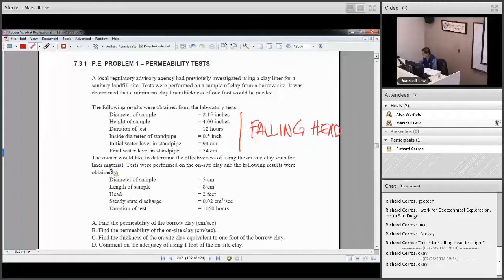That goes in over L, and A is the cross-sectional area, converting the units. Then the coefficient k is usually given in feet per minute, or if you're using metric, in centimeters per second.